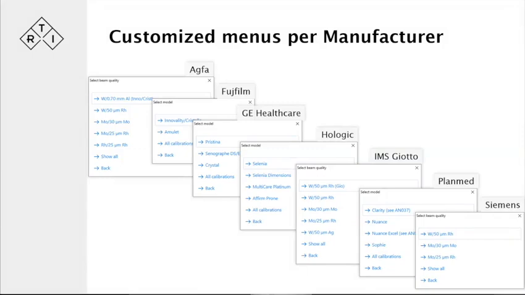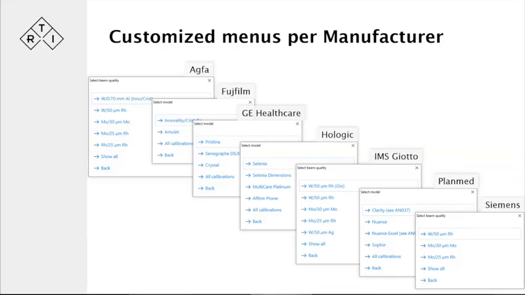So that's why we have chosen to have many beam qualities and tweak them and test them specifically for certain machine types in many cases to give us the highest possible accuracy also on the kV side.